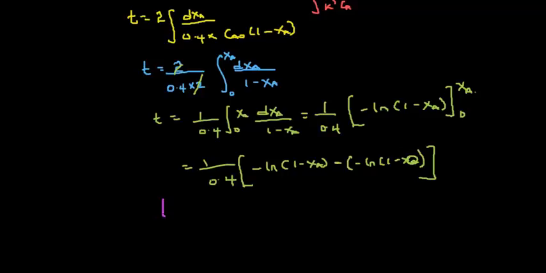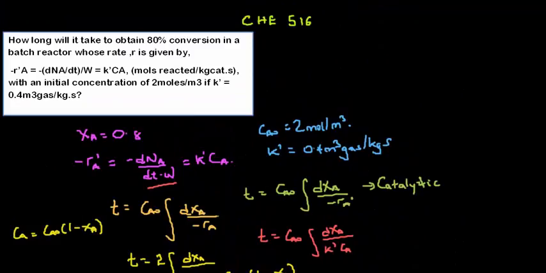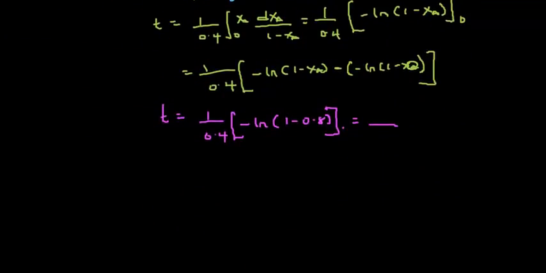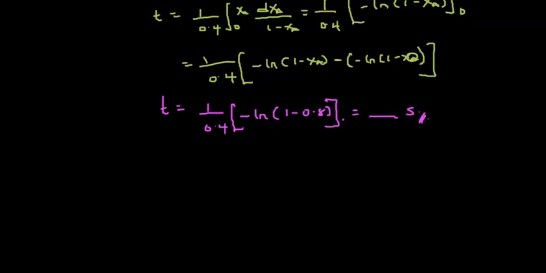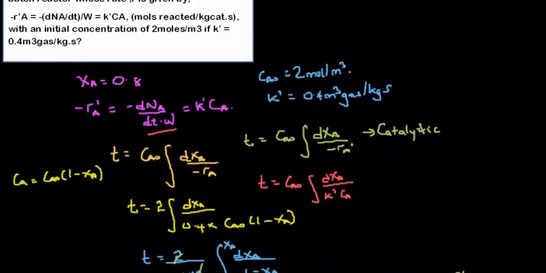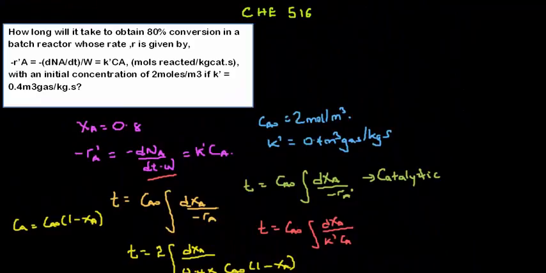From here I have my t equal to 1 over 0.4 into bracket minus ln, my XA is 0.8, and you can get the final answer of your t in seconds. So this is how you calculate the time for a batch reactor in a catalytic based reaction.